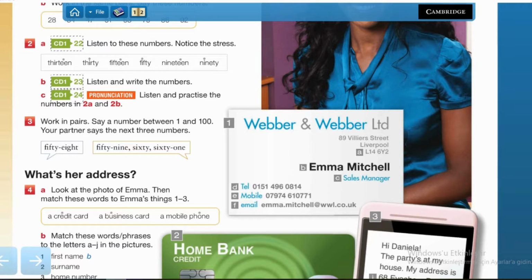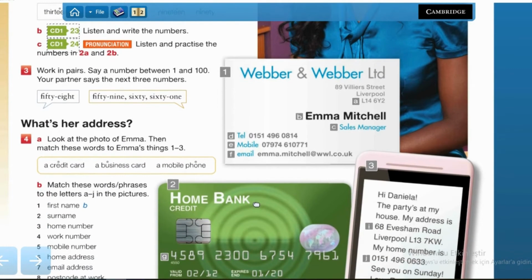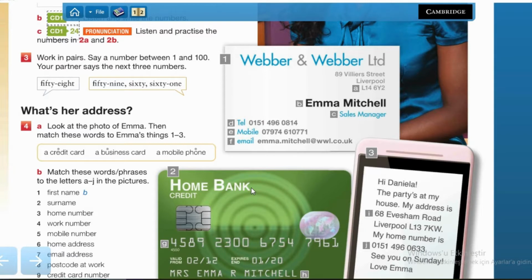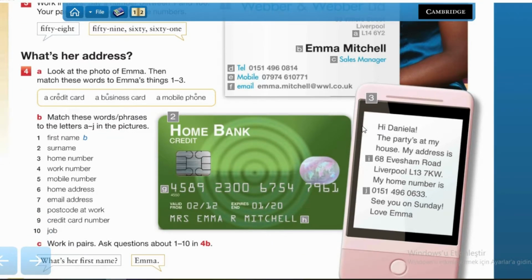Now we have her credit card, we have her business card, and we have also her mobile phone. So look at the details. Number one, first name is B, and we have the letters from A to J. A, B, C, D, E, F, G, H, I, and J. So on B, it's her first name.